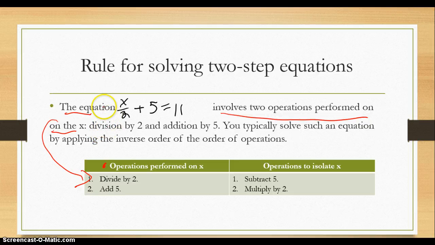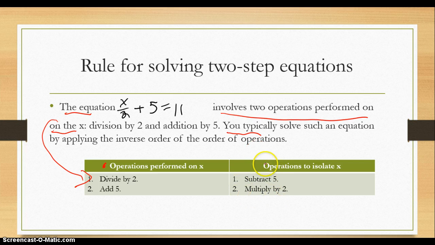So now we have to solve this. You could use mental math and ask yourself what number divided by 2 plus 5 equals 11. But how we're going to show our work is we're going to subtract 5 and then multiply by 2. You typically solve such an equation by applying the inverse order of the order of operations.